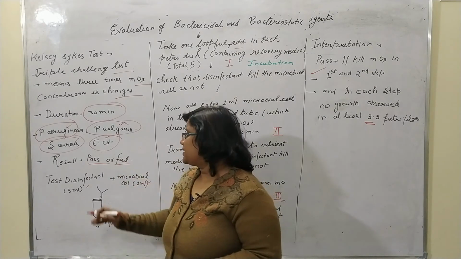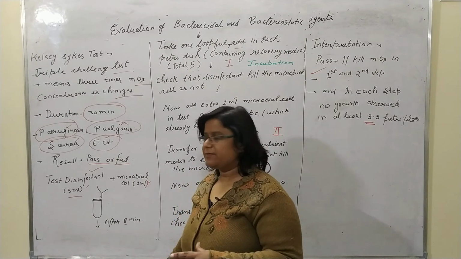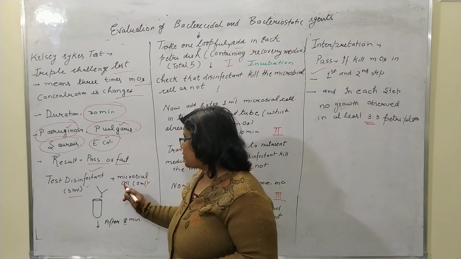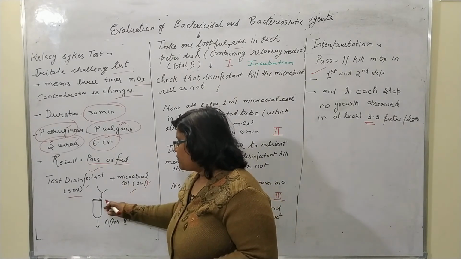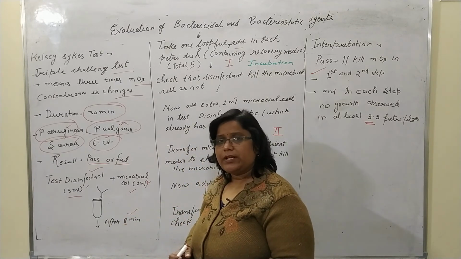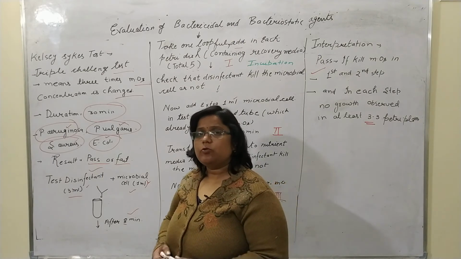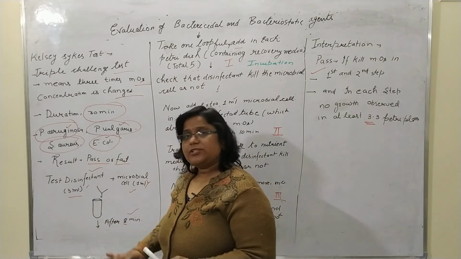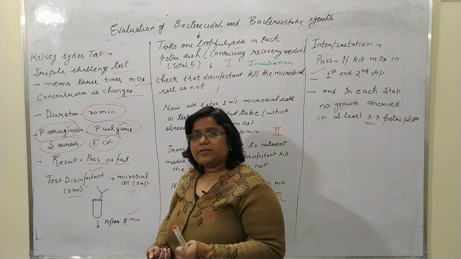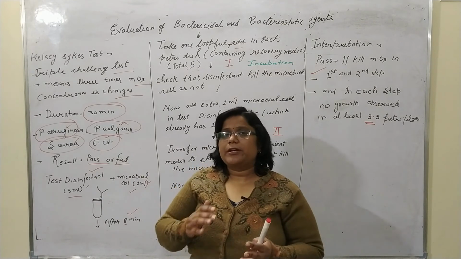The procedure is that we take 3 ml of the test disinfectant, and in one test tube 1 ml of microbial cells is used, and we allow an interaction time of 8 minutes. After 8 minutes we take 1 loopful of the microorganism and test disinfectant mixture and spread it on 5 Petri plates.